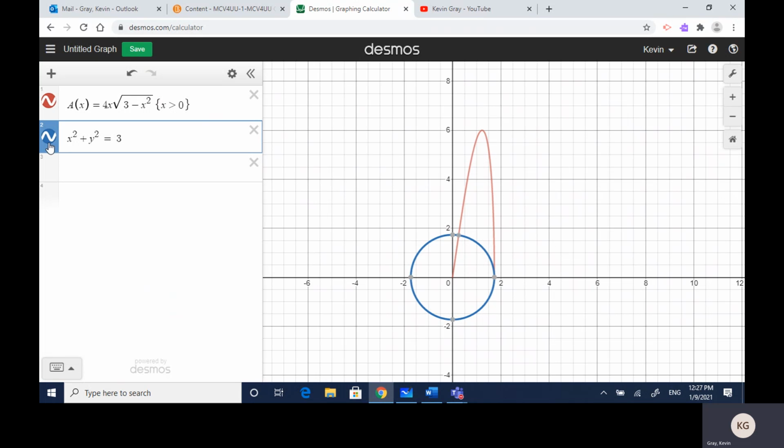So that point 1.25 is my x component, and I figured out during the question that x was root 6 over 2. So I'm just going to go to my calculator and verify root 6 divided by 2 is 1.225, and that's kind of how you see that visually.